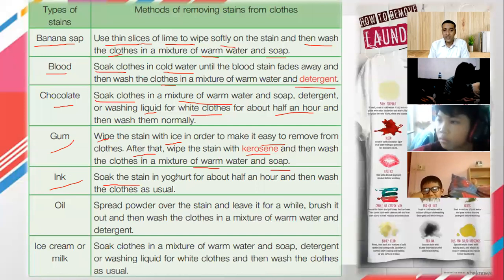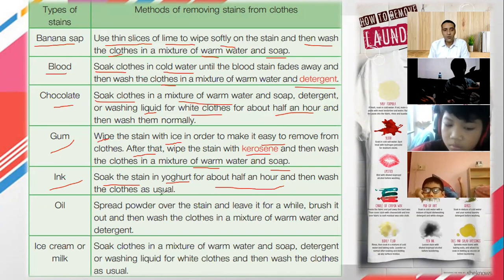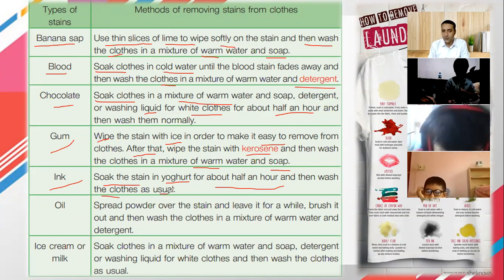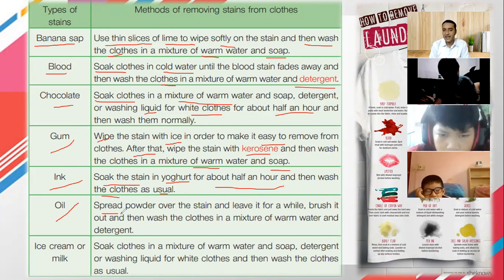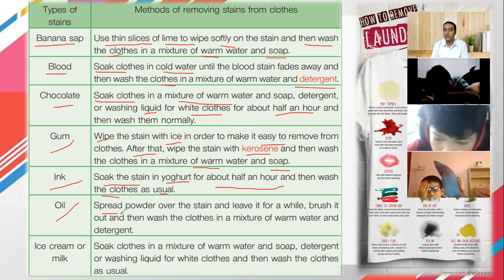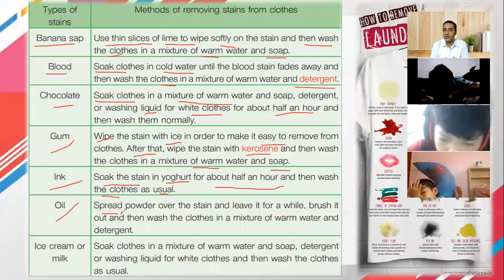Ink stain: soak the stain in yogurt for about half an hour, and then wash the clothes as usual. Oil stains: spread powder over the stain and leave it for a while. Brush it out and then wash the clothes in a mixture of water and detergent.